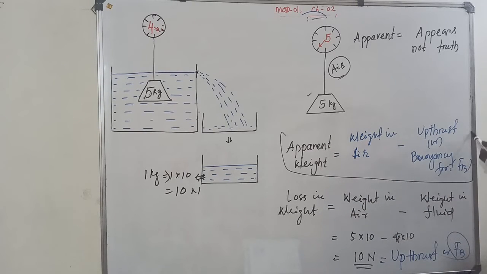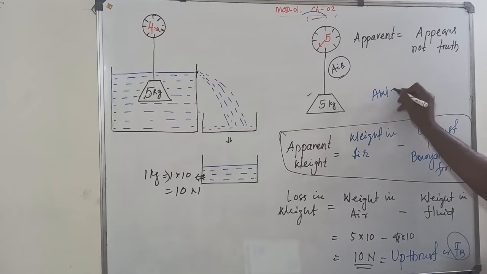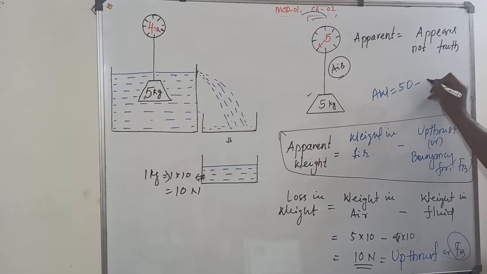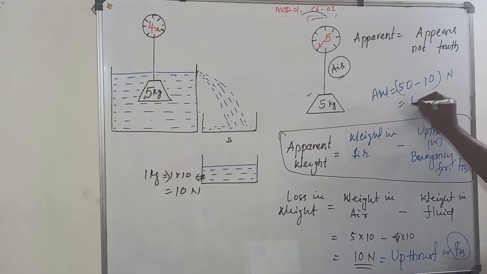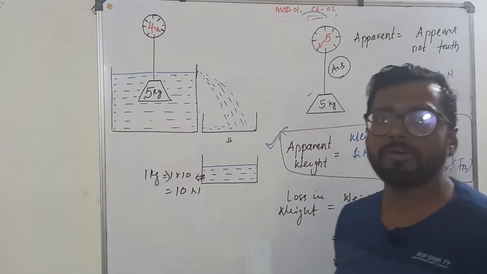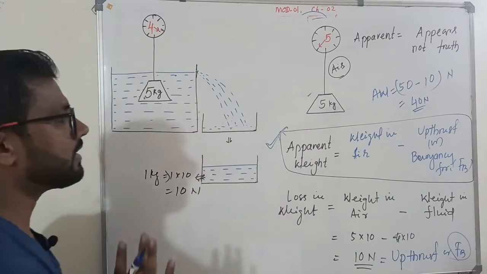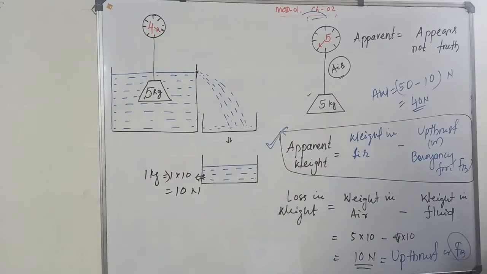Sir, buoyancy force is 10 Newton. So this implies your apparent weight equals 550 Newton minus upthrust 10 Newton. So you got an apparent weight of how much? 40 Newton. Okay, this is the apparent weight calculation. This comes in your exam. Now please note it down.